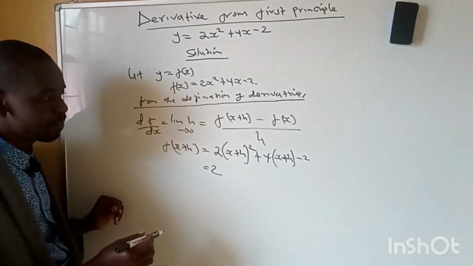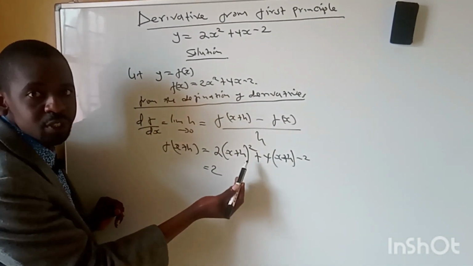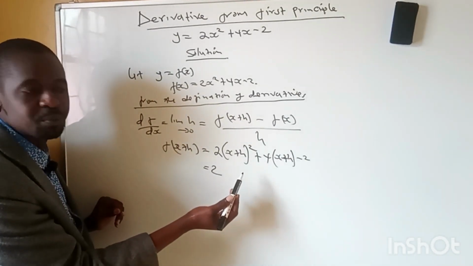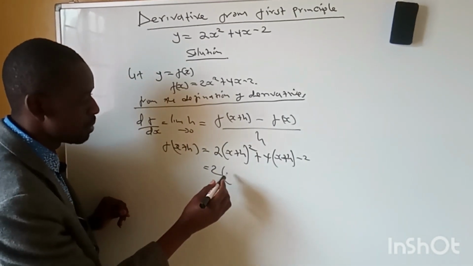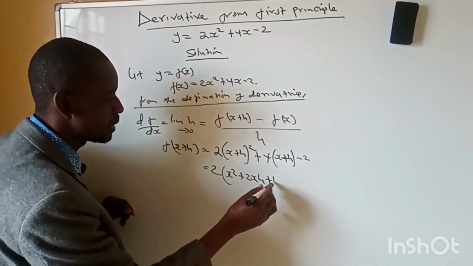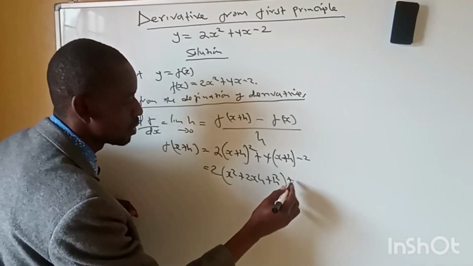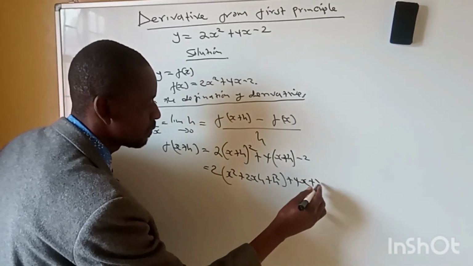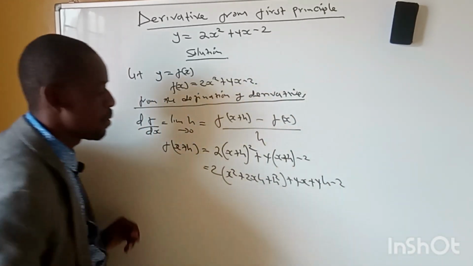So can we expand? That is going to be 2, and we expand this using the first identity of expansion. So this is going to be x squared plus 2xh plus h squared, plus 4x plus 4h minus 2.